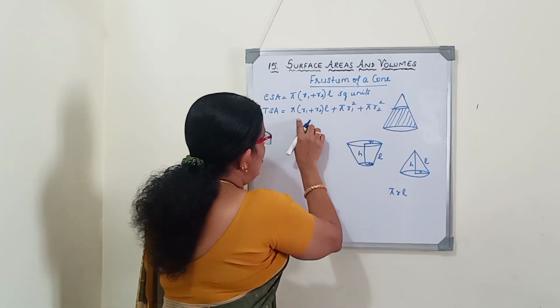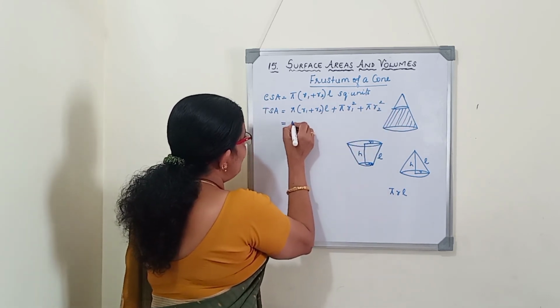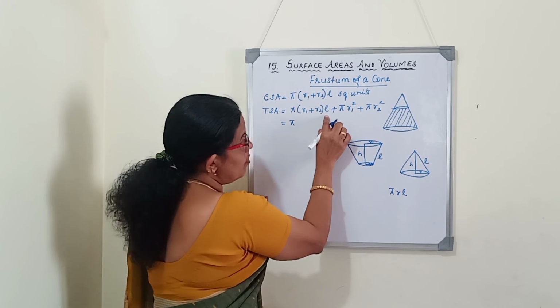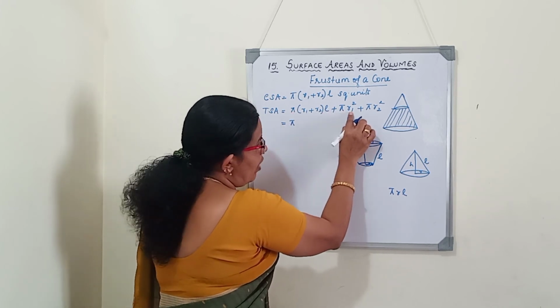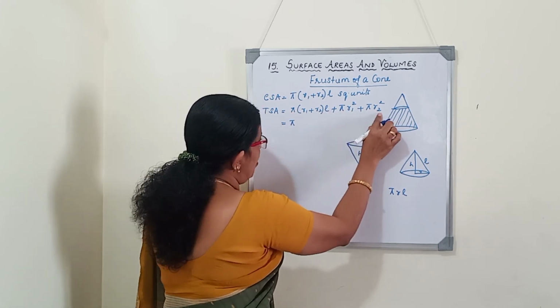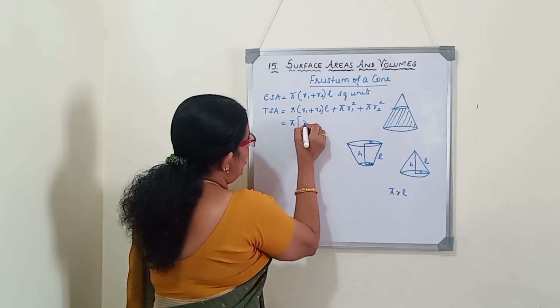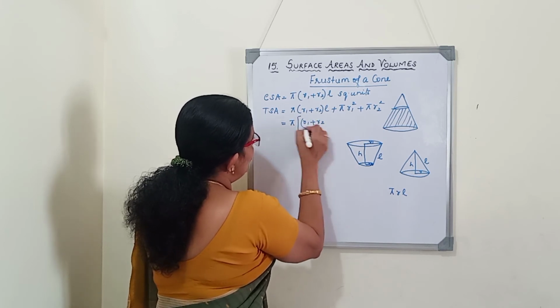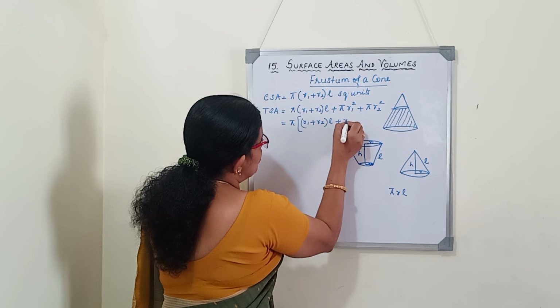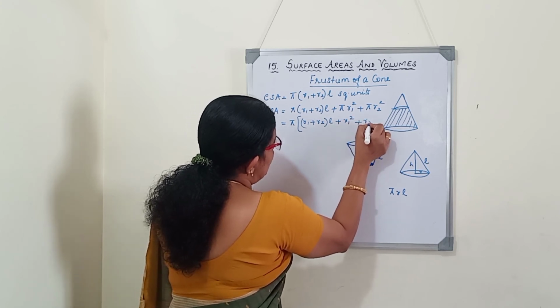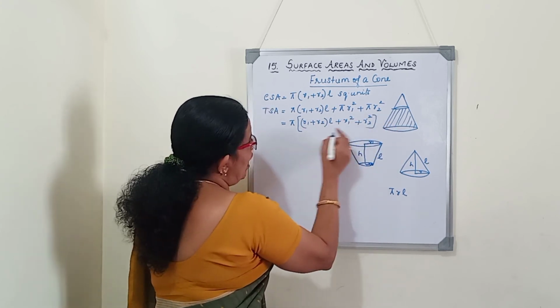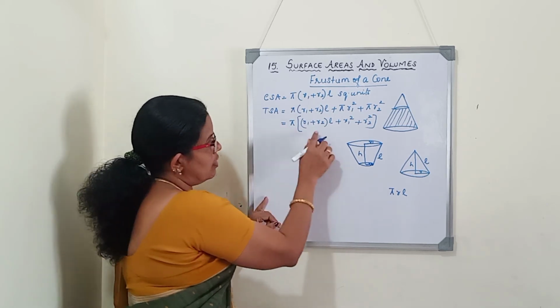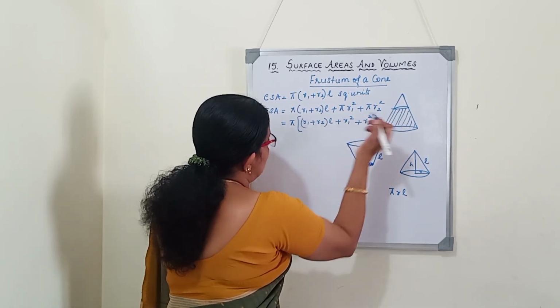If you want, we can take pi common from all the three terms. There are three terms: CSA, area of one circular surface, area of another circular surface. Taking pi common, R1 plus R2 into L plus R1 square plus R2 square. This is the formula to find the TSA of the frustum of a cone, square units.